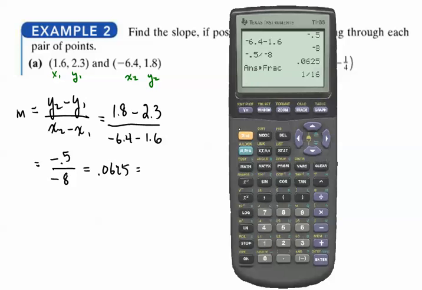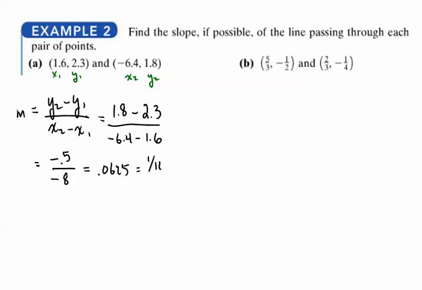So if we did second negative, that would bring up the answer. And then Math, option 1, allows us to convert that to a fraction in simplified form. So that is helpful as well. All right, so the slope passing through the first pair of points there is 1/16.